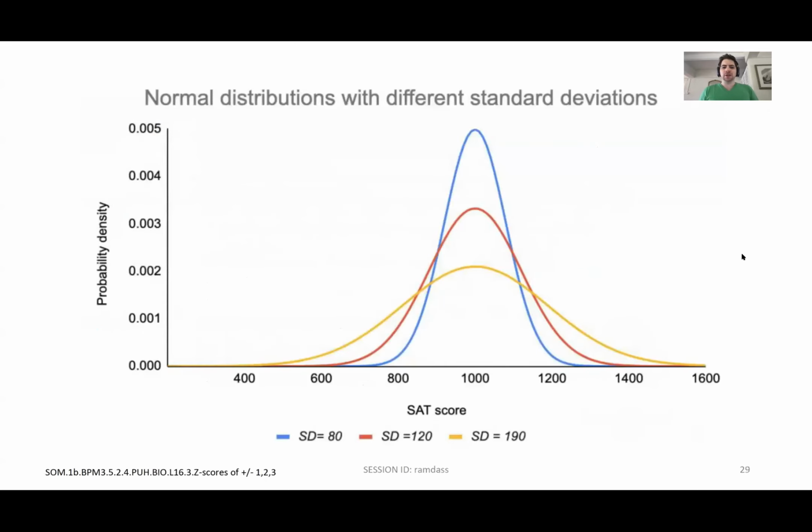All right, so what are we looking at here? We can still appreciate the fact that here our mean and median and mode are all going to be the same, right? But what's different? Well, our standard deviation is different. If we look at the yellow line, our standard deviation is wider versus the blue line, which is kind of centralized. Say you were writing a test, what would you want?